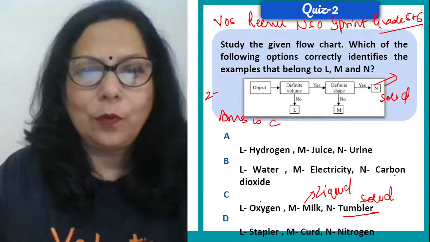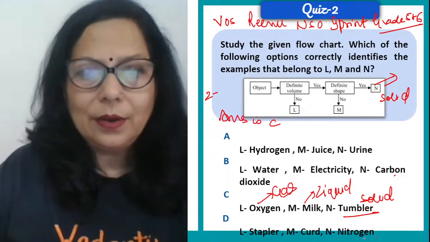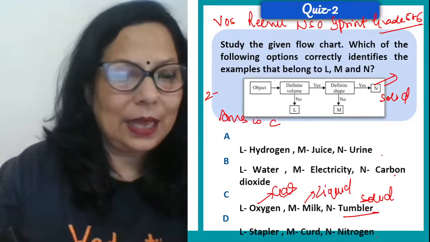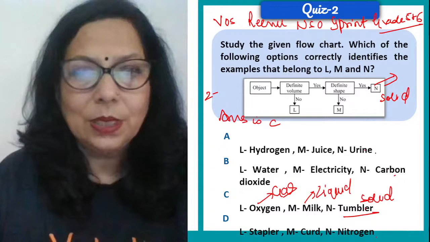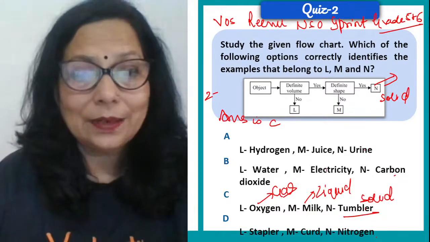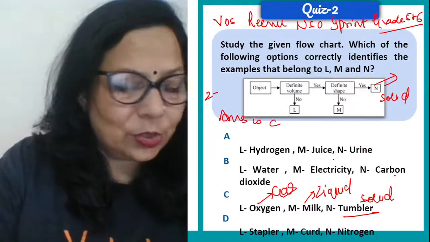And no definite volume, that is gas. So the answer is C. Nitrogen is in the gaseous state. Carbon is again an element present in different forms. And electricity was wrong over here. Electricity is not a liquid, right? Yes, okay, you are Srishant.